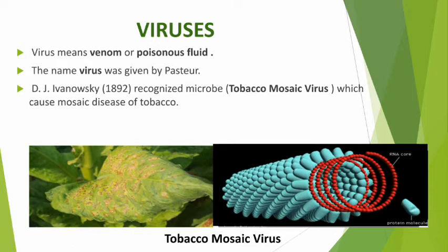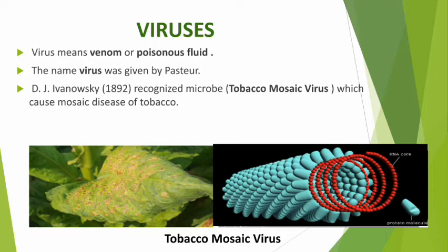Now on the right hand side you will see a diagram of the tobacco mosaic virus. This is how the tobacco mosaic virus looks. Some labeled portions are there. RNA coiled: this red colored coil is RNA. And can you see the capsule-like structure?